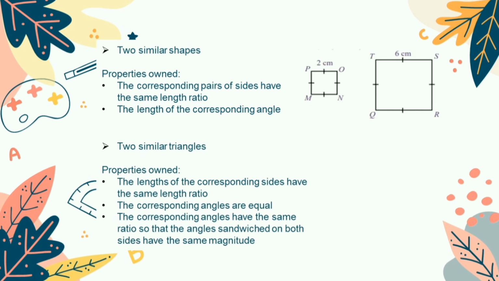Two similar triangles have these properties: the lengths of the corresponding sides have the same ratio, and the corresponding angles are equal. And the last, the corresponding sides have the same ratio, so that the angle sandwiched by both sides has the same magnitude.